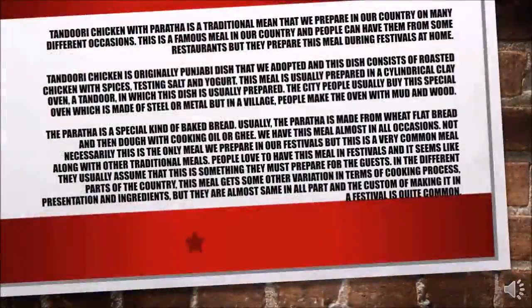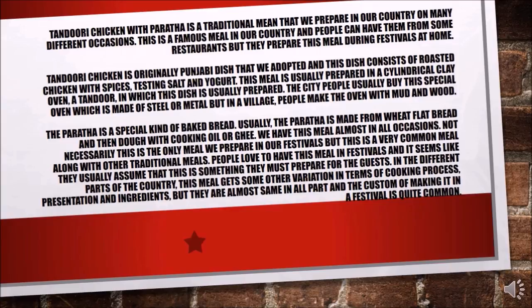Now I will give you a model answer to score up to 9 bands. If you are speaking like this and you are using a high level of vocabulary, you will score 9 bands. Tandoori chicken with paratha is a traditional meal that we prepare in our country on many different occasions.